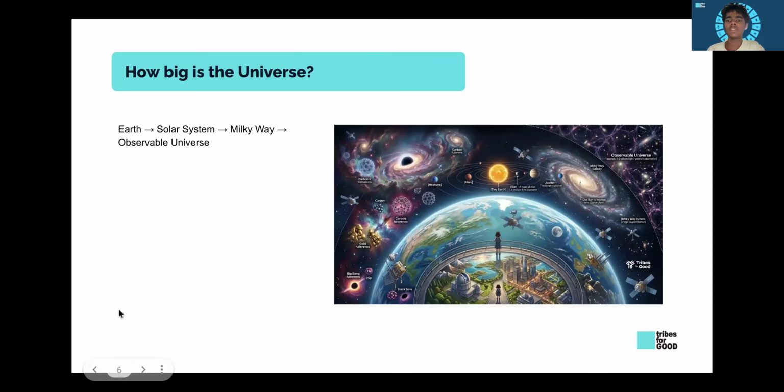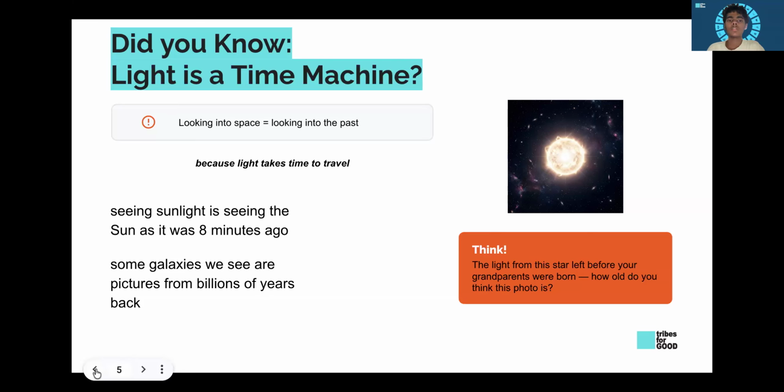Sunlight takes about 8 minutes to reach the Earth. So when you step outside and look at the sun, you are not seeing the current sun. You are actually seeing the sun as it was 8 minutes before. If the sun actually vanished, we wouldn't know it for 8 minutes. So in astrophysics, looking further into space means looking further back into the past.